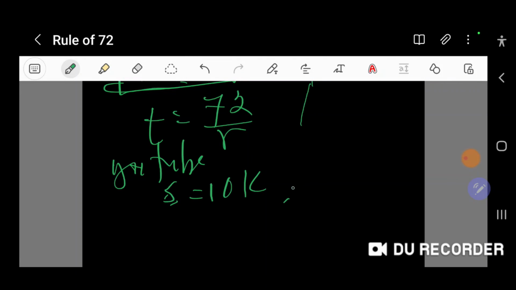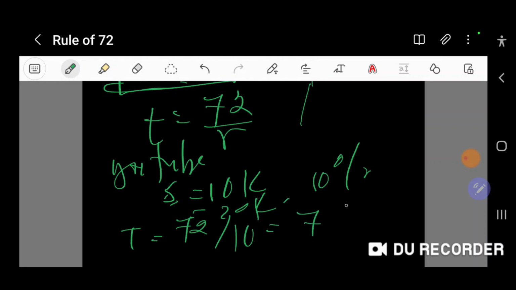We can use T equals 72 divided by R. So it's very simple: you divide 72 by 10, and it will take approximately 7.2 months for your channel to grow to 20,000.